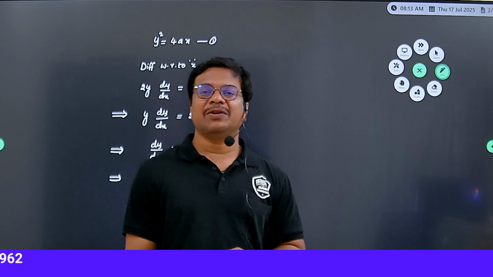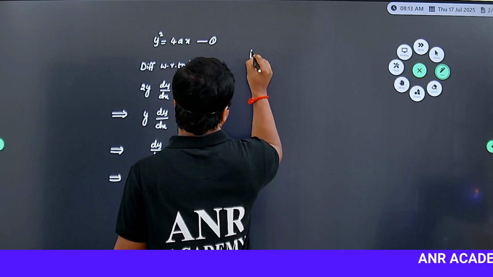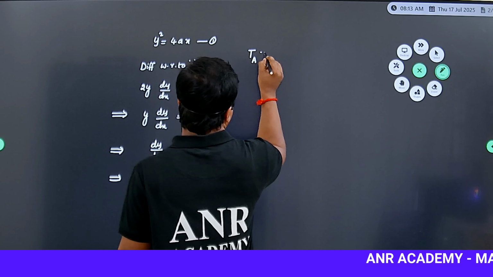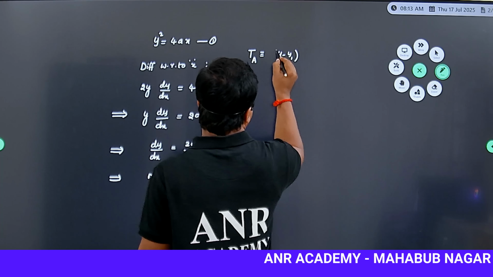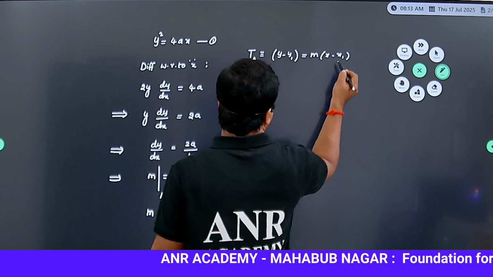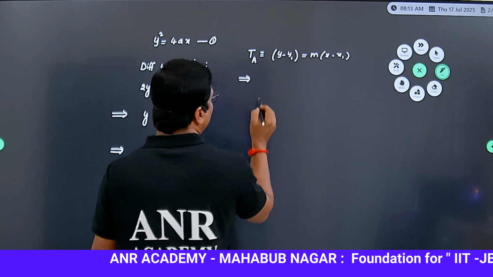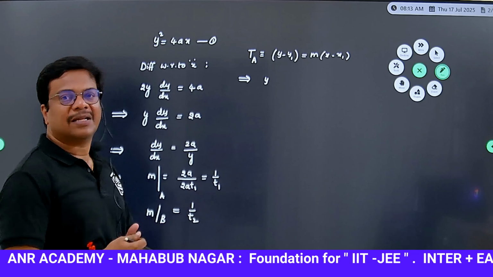Now I am going to write equation of tangents. First tangent at A I am going to write. You know that equation of line is y minus y1 equal to m of x minus x1. Here x1, y1 is a point on the straight line.